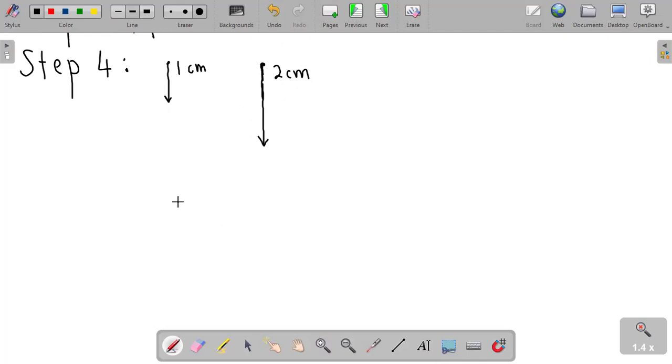And then the last step is to fill in the magnitude of the vector. We said 1 centimeter is 2 meters per second, and then 2 centimeters will be 4 meters per second.